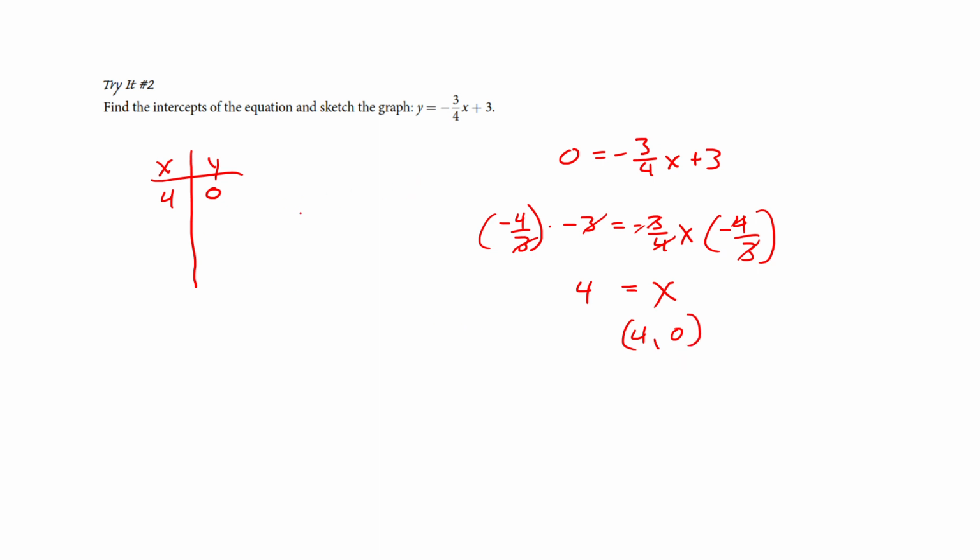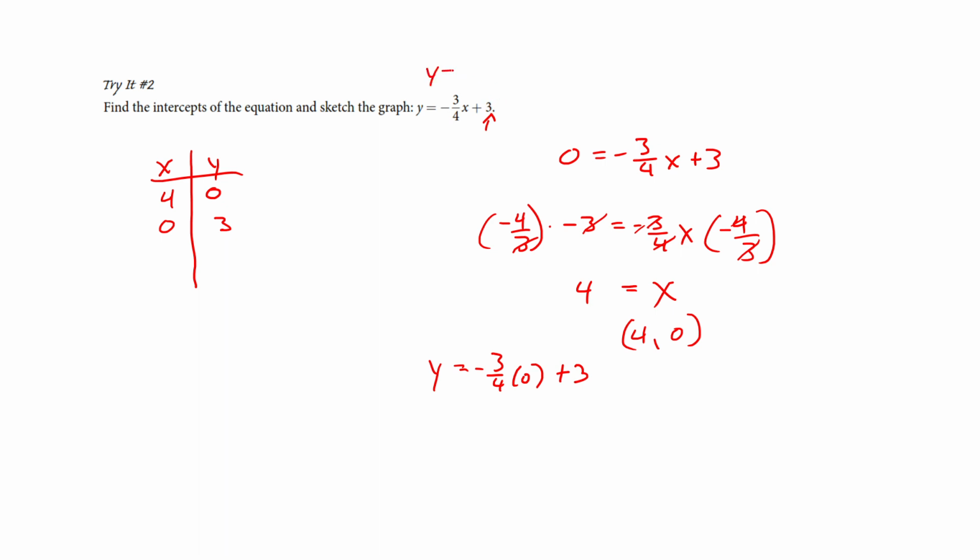Now, to find the y-intercept, it's when x is 0. So y is going to be -3/4 times 0 plus 3. So that's all going to drop out. You're just going to get 3. Now, if you remember the slope-intercept formula, which I'm assuming is in the next video, this here is the y-intercept. That's that 3.